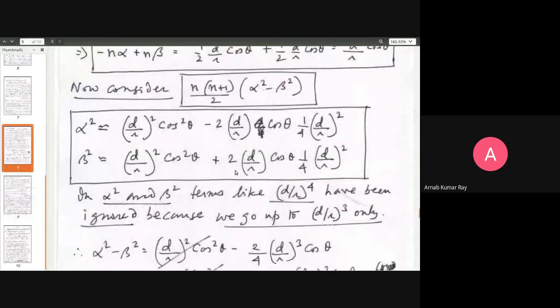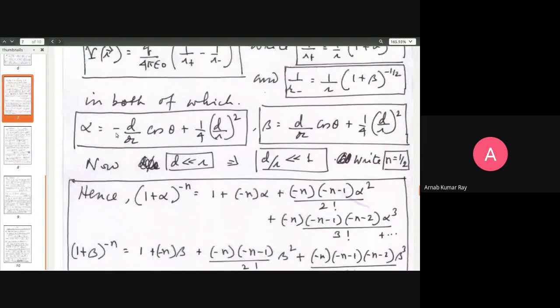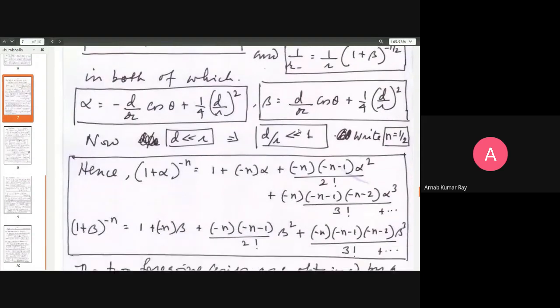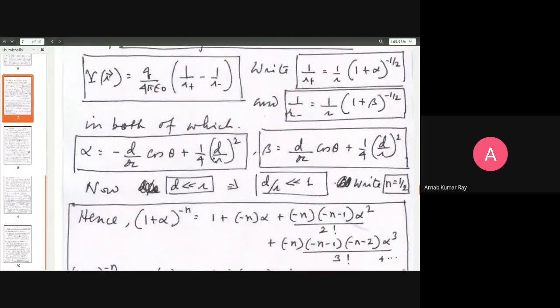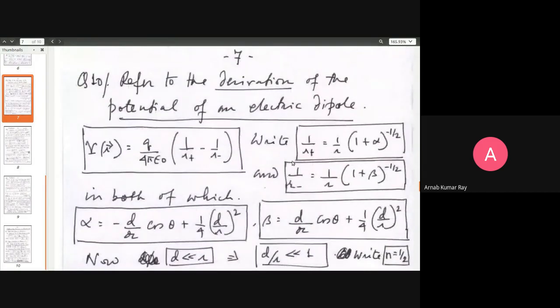Why do you think such a thing has happened? It has happened because of this business. There is a minus here and a plus here. The two quadratic orders have the same sign, as in plus minus. As a result, when you take the difference of the two, you have to take 1 by r plus minus 1 by r minus, and there will be a lot of cancellation between the two.